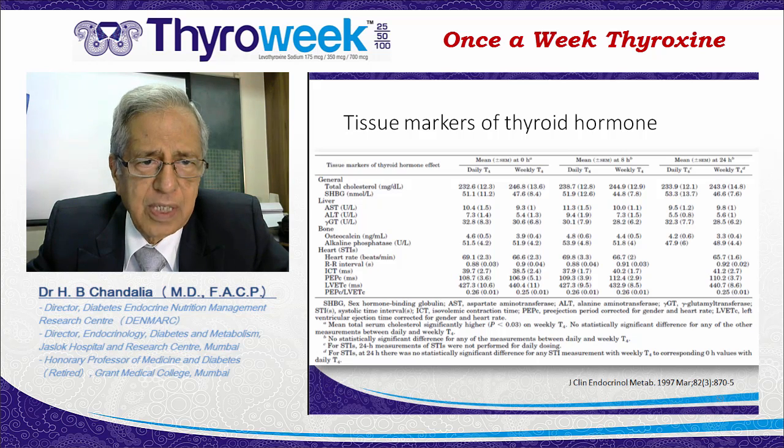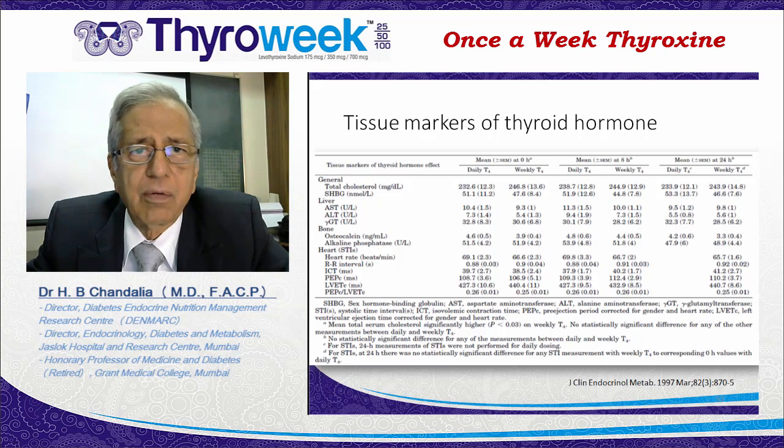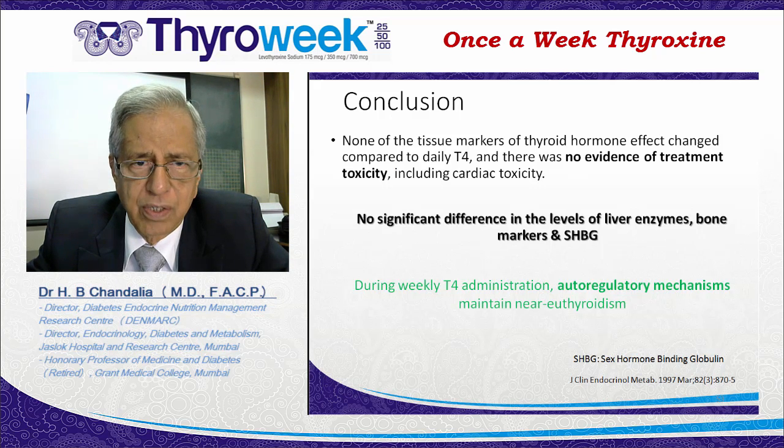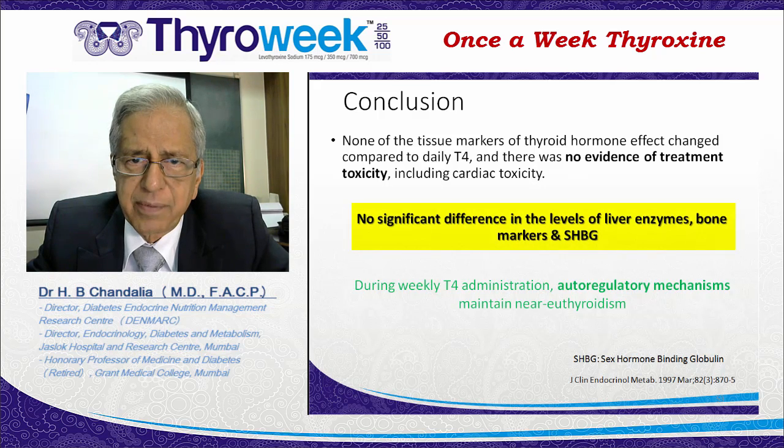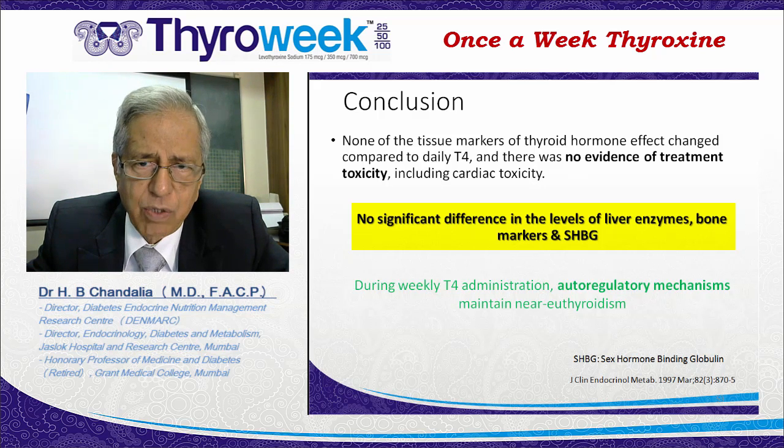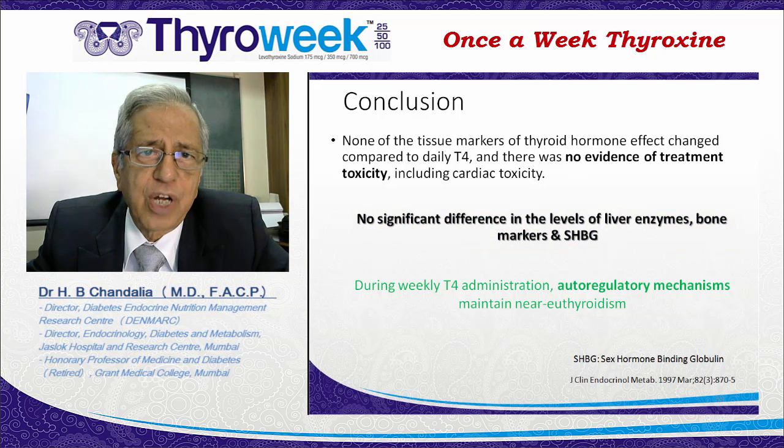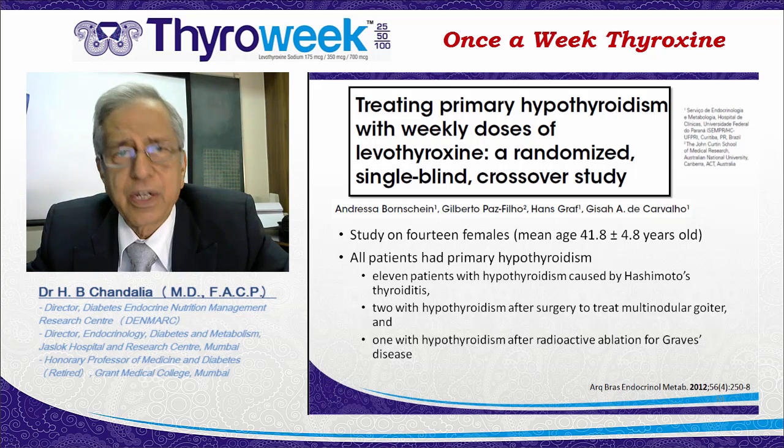The bone parameters were similar, and in the heart, the heart rhythm and the findings on the 2D echo measurements were all similar in both the treatment groups. So we can draw the conclusion that there is no significant difference in the level of liver enzymes, bone markers, and sex hormone binding globulin, so many such parameters, and therefore weekly administration of thyroxine is quite rational.